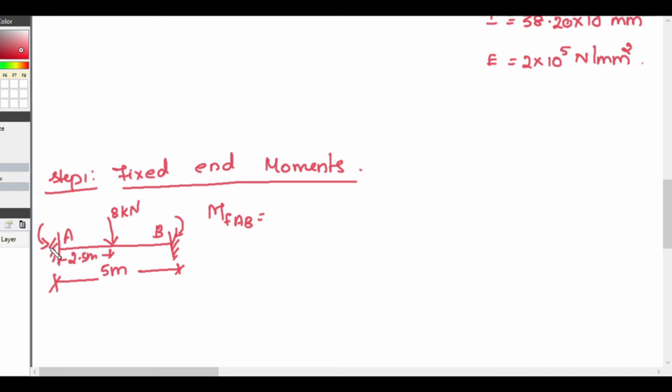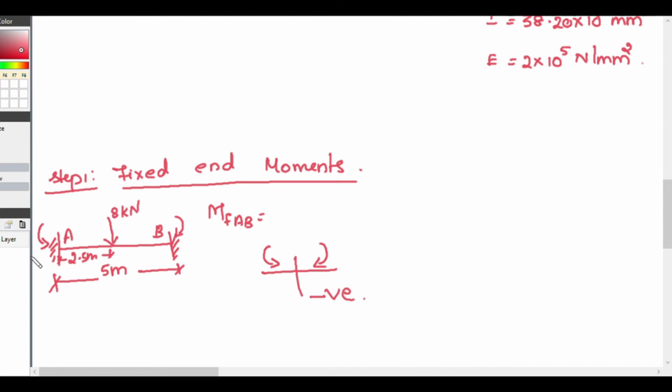What is the meaning of that? When you are taking any section on AB, the support moments will be negative. The support moments will be hogging moments. That is why, when you take the section on AB, when the left is anti-clockwise and the right is clockwise, it is negative.